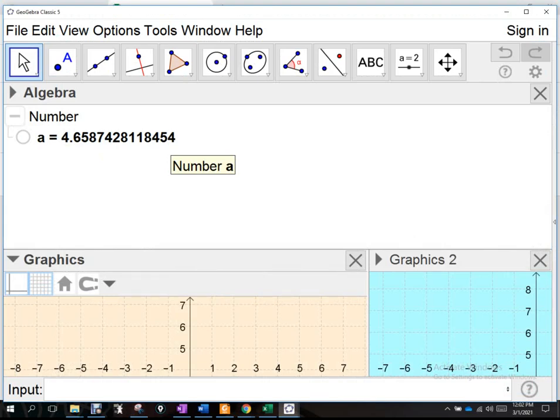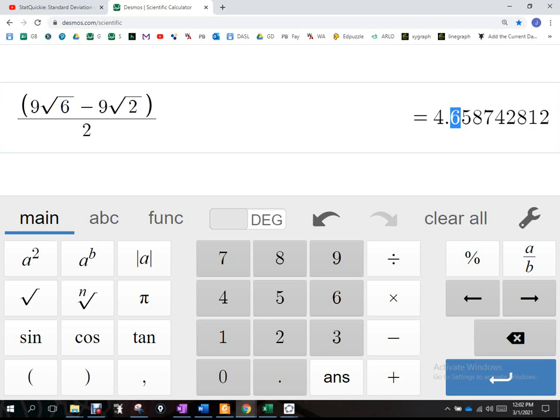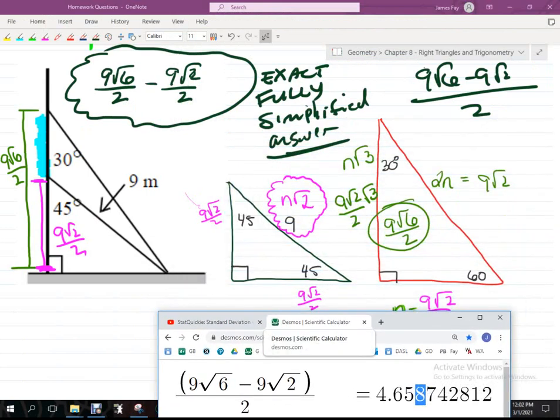Because again, I don't know what that 4 is, if it should be a 4 or a 3. That being said, it's not a huge deal, but if they ask me to round this to the 10th place, and I know that I did all my work and these are exact values, I can be guaranteed with 100% certainty that that should be a 6, a 5, and an 8, right? Does that make sense?